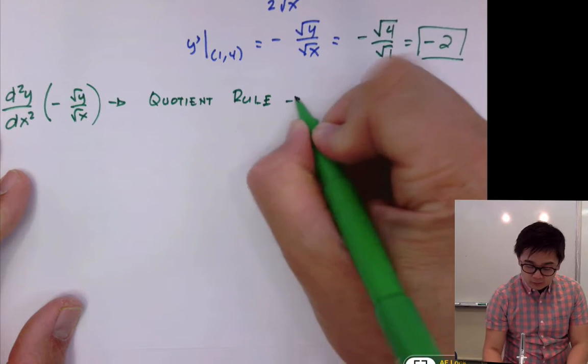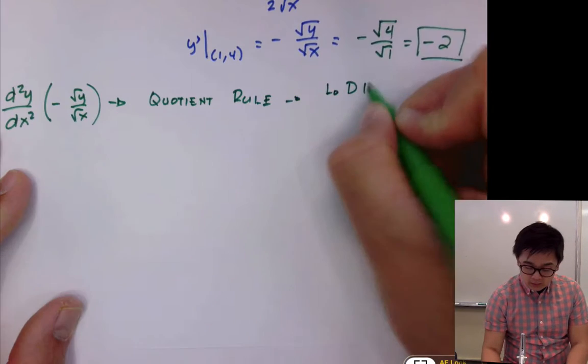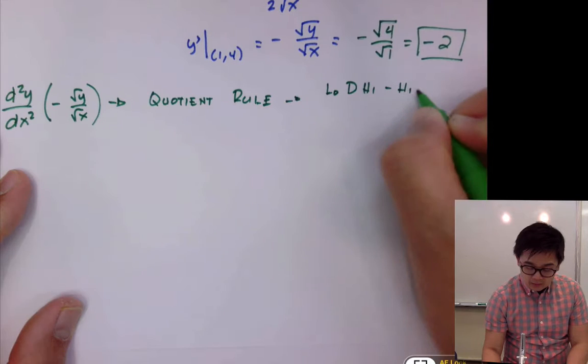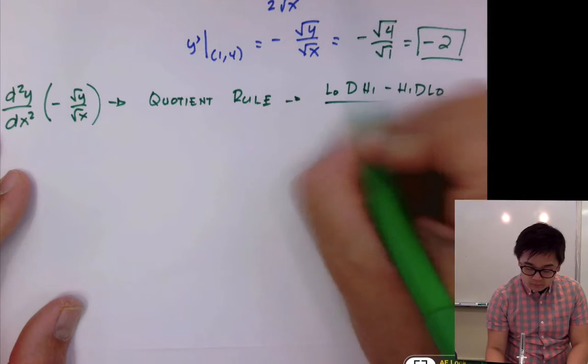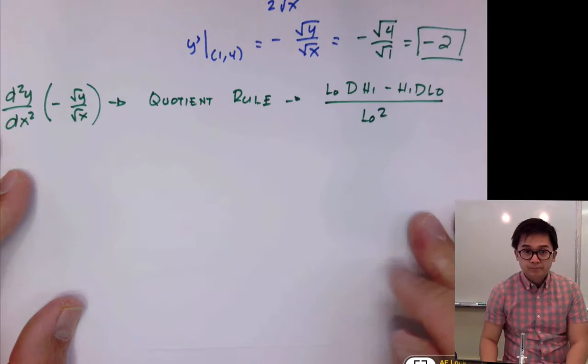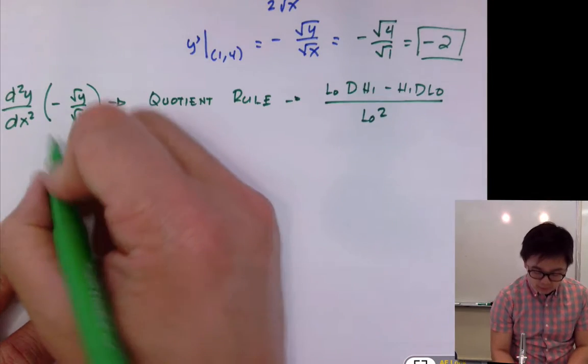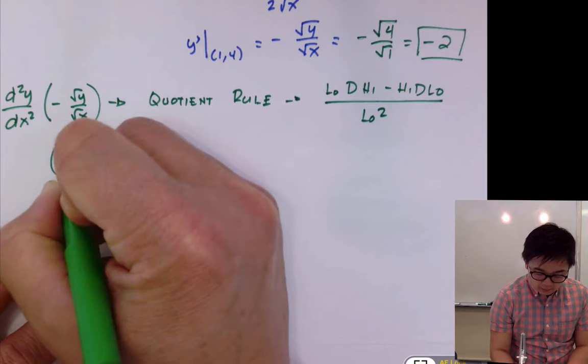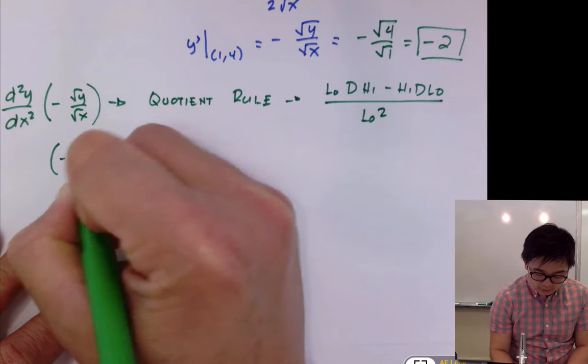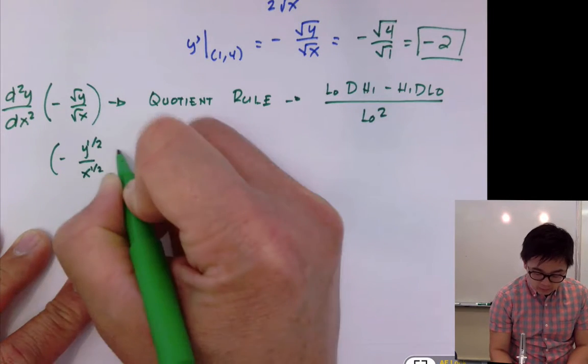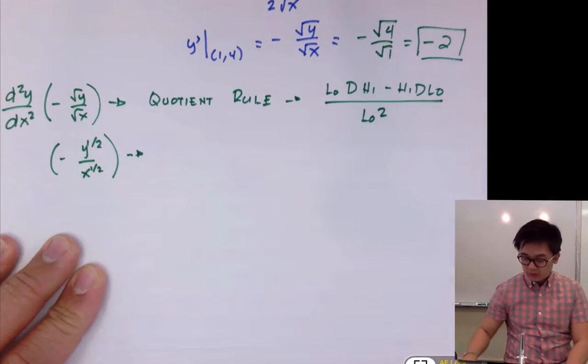And the quotient rule is simply low d high minus high d low all over low squared. Changing this to negative y to the 1/2 all over x to the 1/2 will make it a lot easier to differentiate.